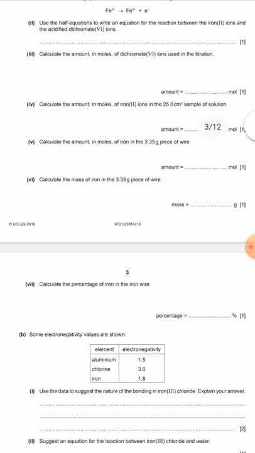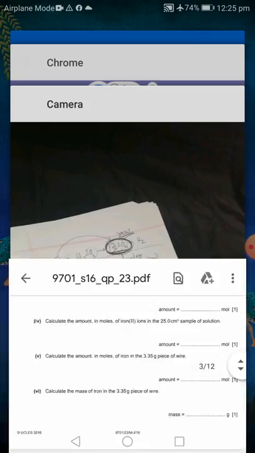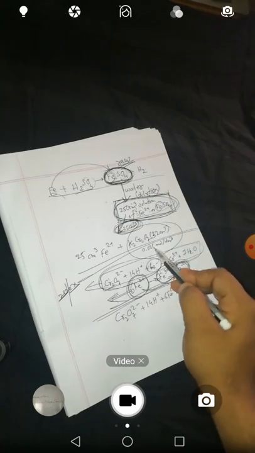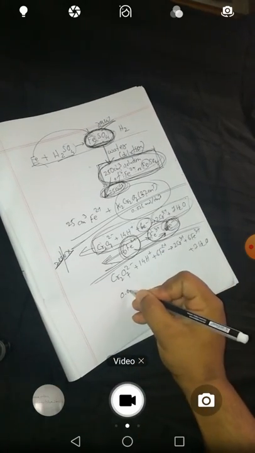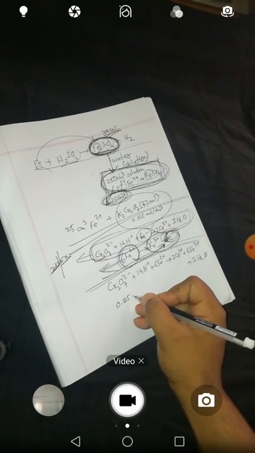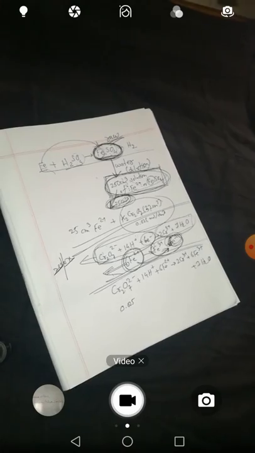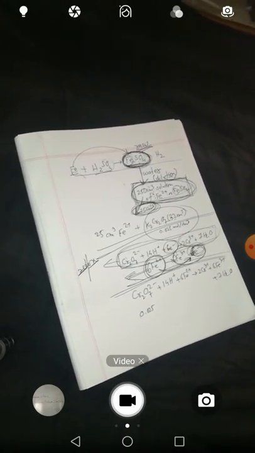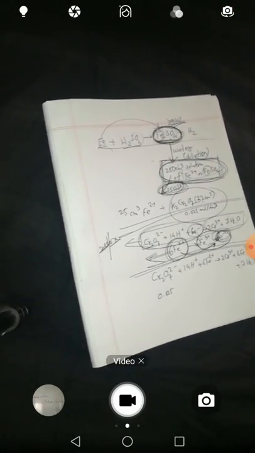Okay, so calculate the amount in moles of potassium dichromate used in the titration. Okay, so you know that concentration is given, volume is given, so just calculate the moles. 0.025, okay, the formula is concentration into volume divided by 1000, isn't it? So we are applying that formula.